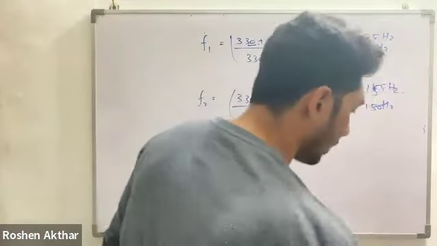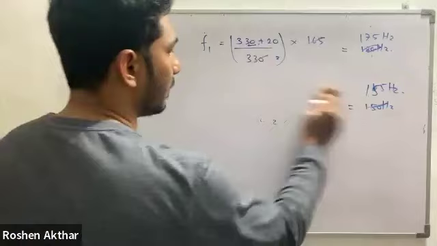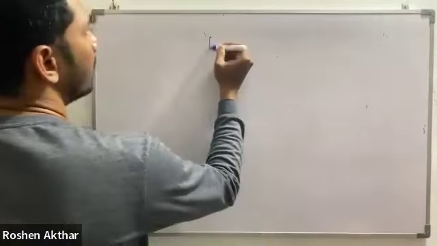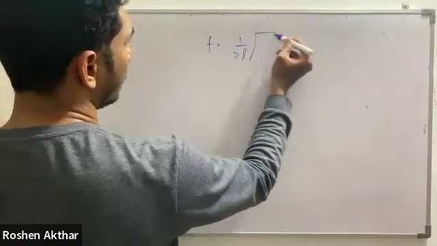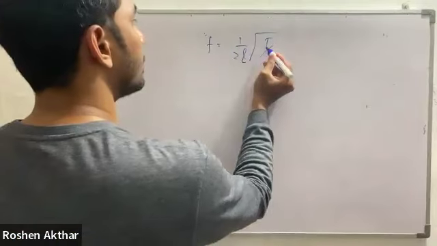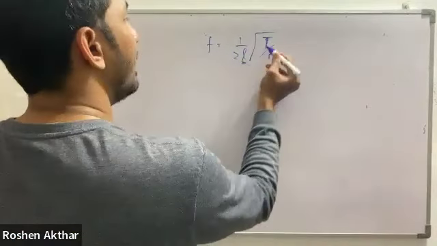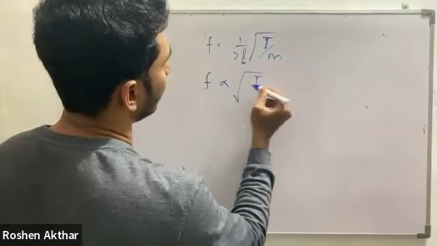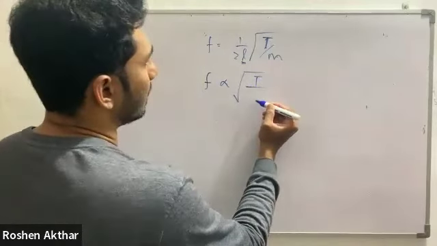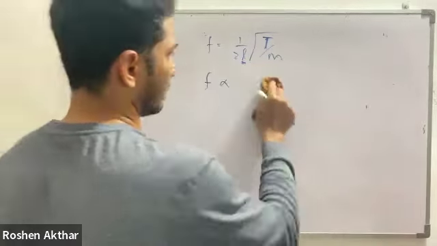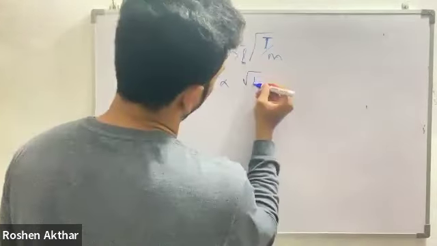You know the equation for fundamental frequency, F is equal to 1 over 2L square root T over M. So here the two factors that are changing are L and T. So F is directly proportional to square root of T over L.